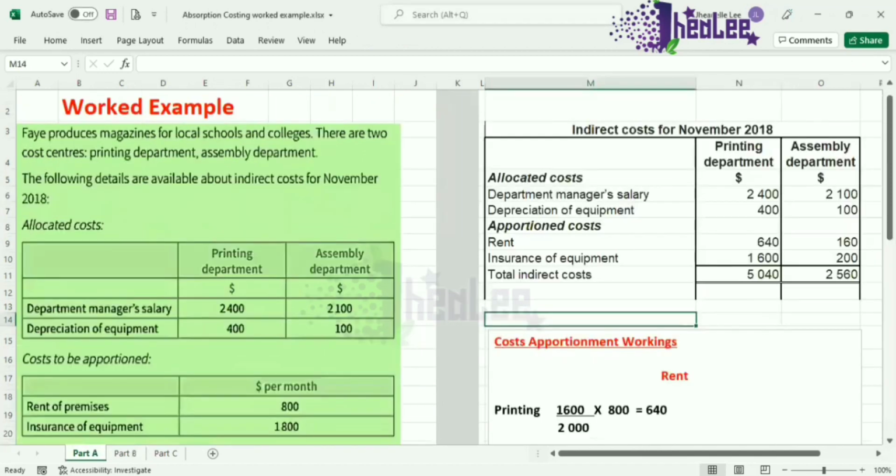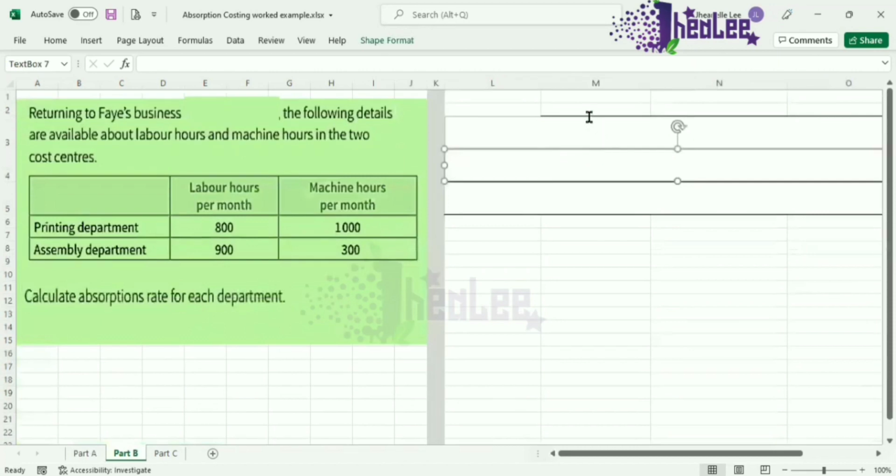So let us now look at our calculation. But bear in mind, people, in order to do our calculation, we need the total indirect cost coming from part A. And remember, for the printing department, it is 5,040, and for the assembly department, that is 2,560. So let us move into doing our calculation.